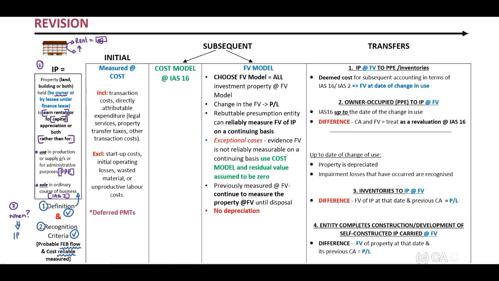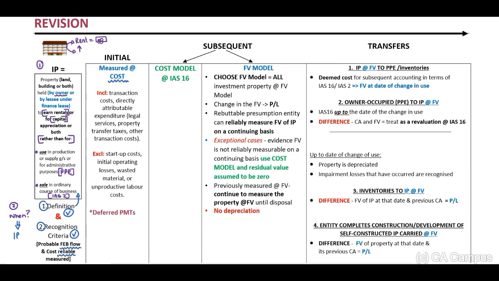Now, if we can distinguish that we comply with both the definition and recognition criteria, we may recognize investment property in the entity's records. How do we measure investment property initially? We will have to measure this at cost, including transaction costs, directly attributable expenditures, such as legal services, property transfer taxes, other transaction costs, excluding startup costs, initial operating losses, wasted materials, or unproductive labor cost.